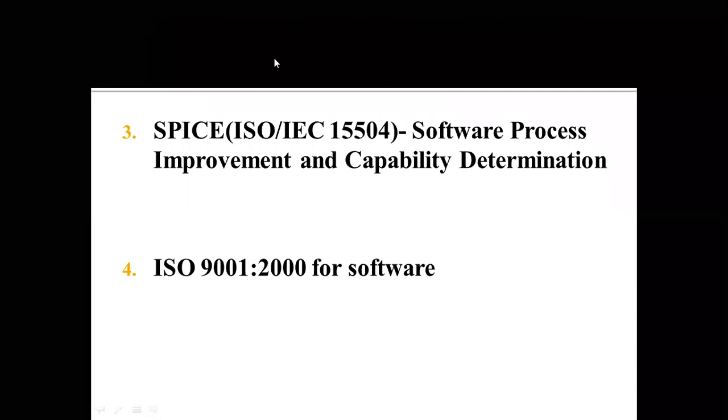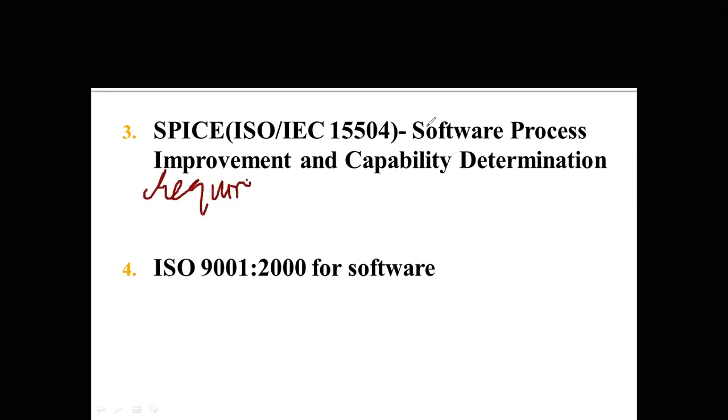Then the next one is SPICE, ISO IEC 15504, that is the software process improvement and capability determination. This SPICE is a standard that is going to define a set of requirements for a software process. That is all the requirements that are going to be defined in here.